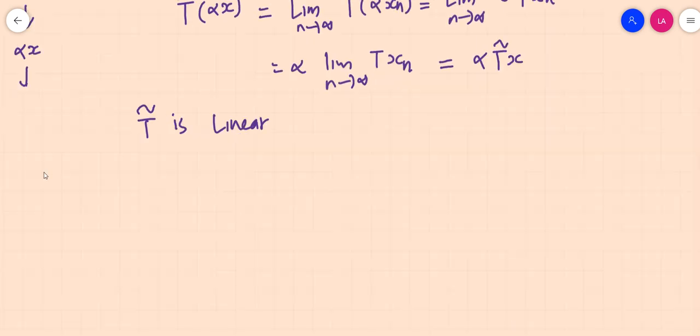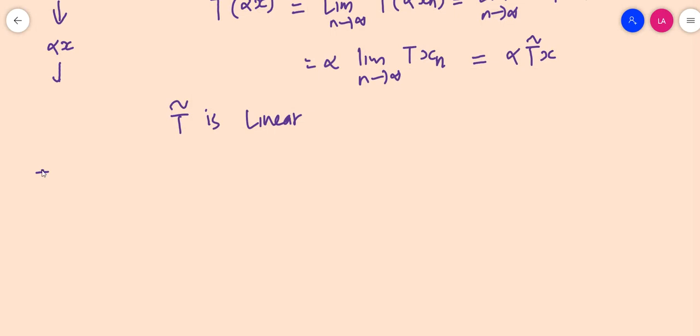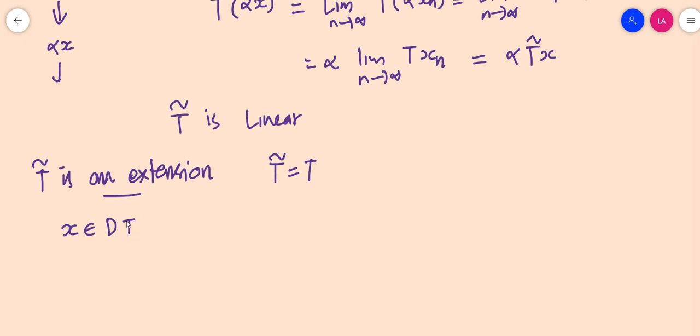Now we have to prove that T tilde is actually an extension. In order to prove this, we have to prove that T tilde of x is equal to T of x for all x in D of T. For every x in D of T, we define a sequence xn equal to x, x, x, and so on, which is a constant sequence converging to x.